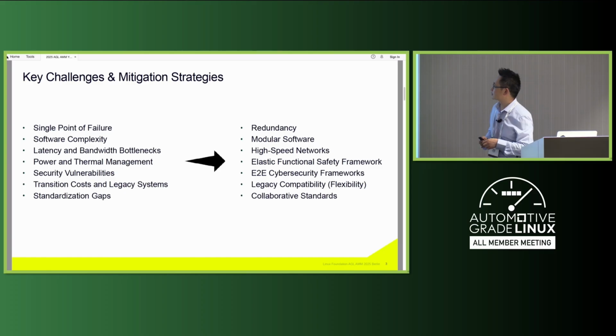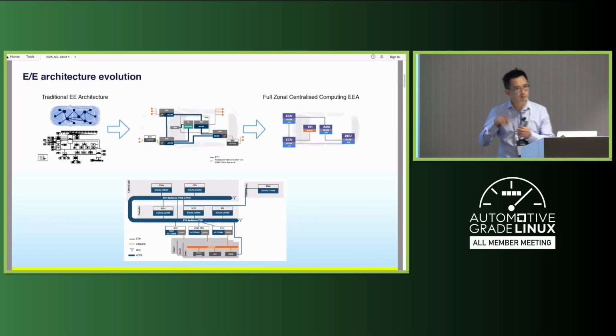Power and thermal management, security vulnerability, transition cost, legacy. This is actually a big one because we want you to move from the left to the right with a flick of your fingers, but it doesn't work like that because the OEMs and Tier 1s have a lot of legacy systems to maintain.